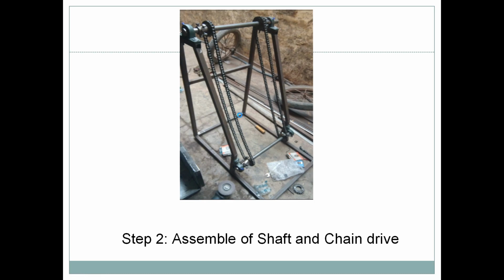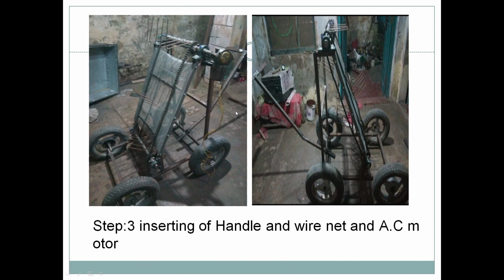And now next, guys, inserting the handle, the wire net and the AC motor. So this is the wire net, you can see here, and this is the handle. If you are seeing, there are some holes to adjust this handle. And now this is the AC motor, and this is the wire.